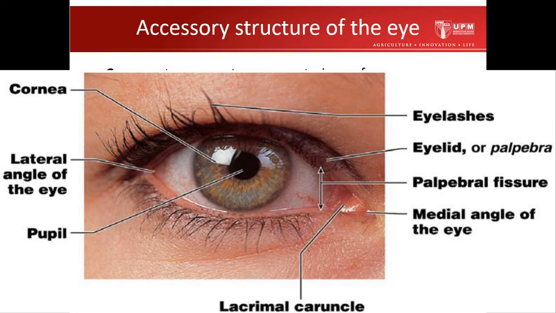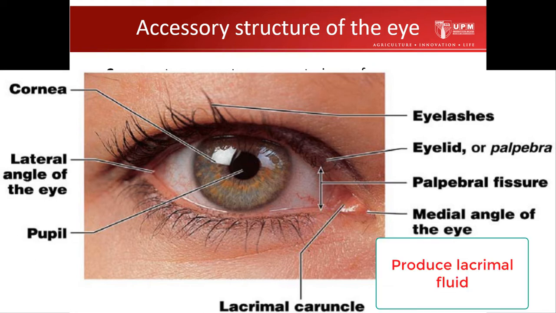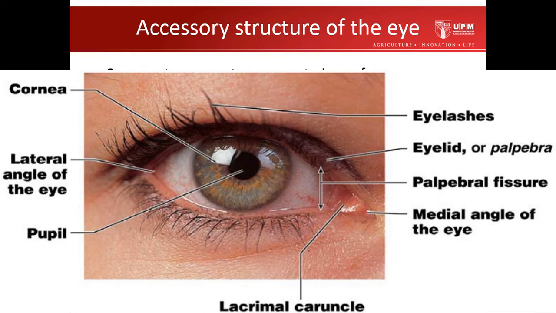We also have what we call the lacrimal caruncle. This is a small reddish body at the medial angle of the eye. This reddish body produces a thick secretion that can cause a gritty deposit that sometimes appears after you have a very good night's sleep.